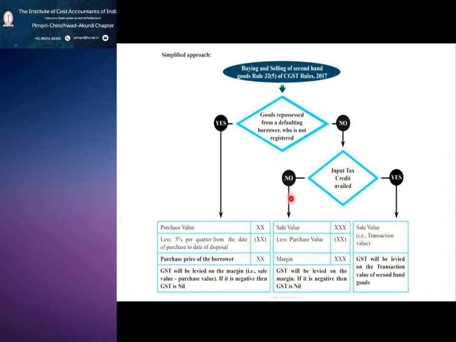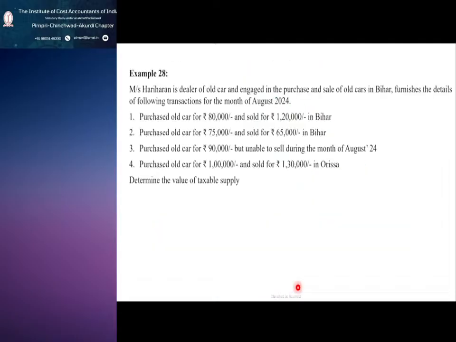If no ITC is availed, sales value less purchase value, on the margin GST will be levied. So this concept we will see with examples and try to understand this one. So this is the example in the material. Mrs.